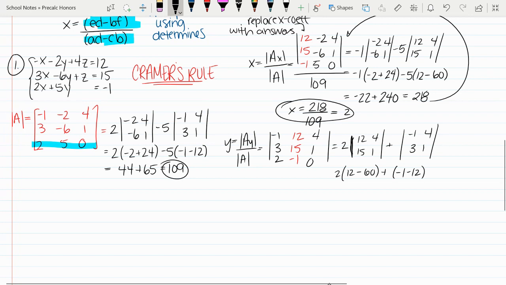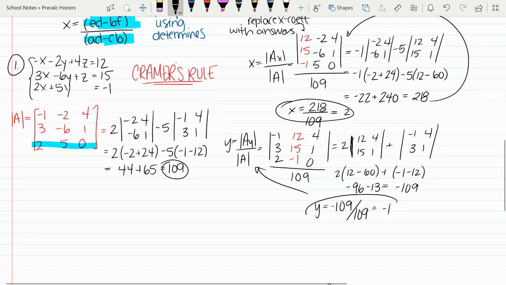All right, so we got this time 2 times a -48, so a -96, minus 13 is a -109, which is beautiful. So y is going to be, going back to our original fraction, -109 divided by 109, which is -1. Now we've got two of our answers, x equals 2, y equals -1.